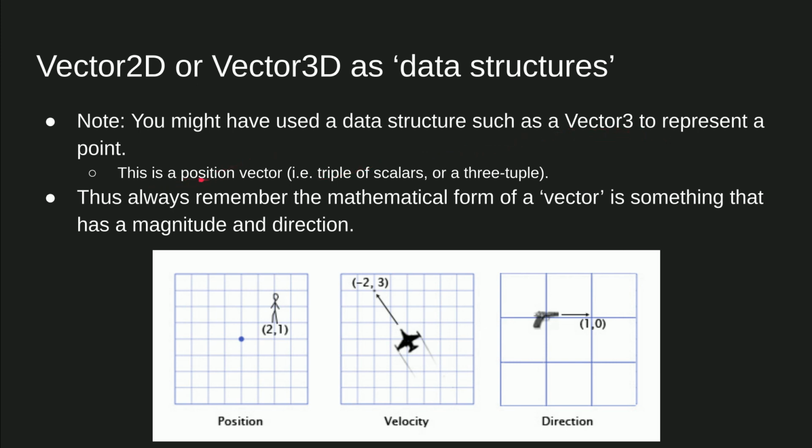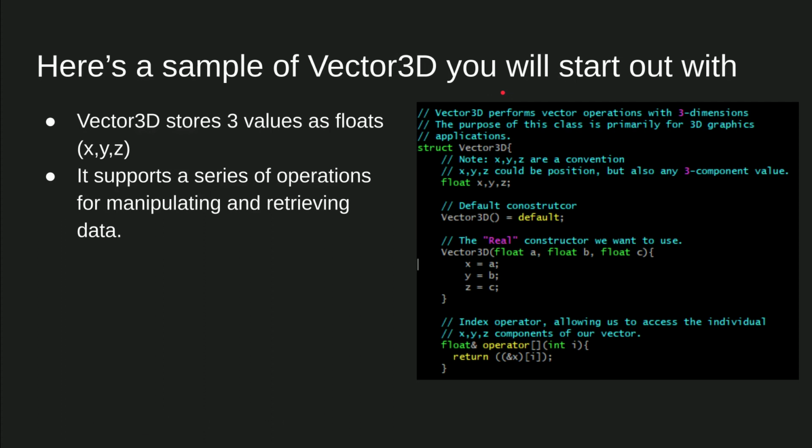And that's what's known as a position vector. That just means it's 3 values, a triple of scalars, or a 3-tuple. That is different from the mathematical form of vector, which is something that has a magnitude and a direction. So you can have this positional vector, but if you have something with a magnitude and direction, that's a mathematical vector.